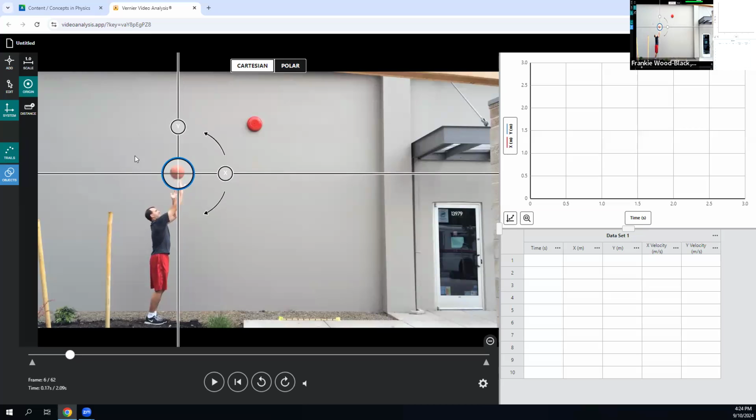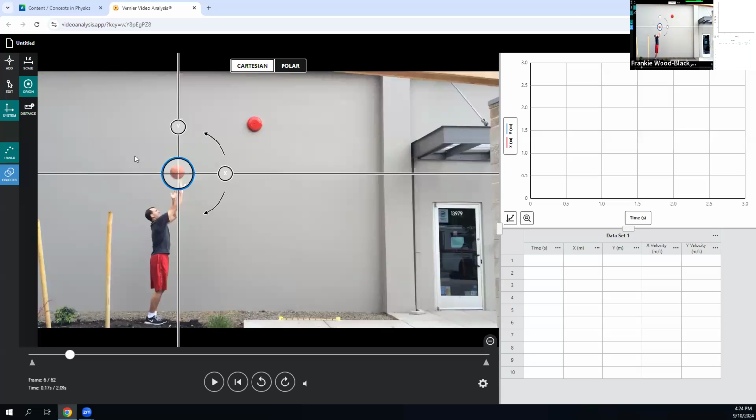And once the basketball has left that person's hand, I'm not imparting anything to make that basketball go. Once it leaves my hand, it's going to be traveling at the same velocity that it gets once it leaves my hand.